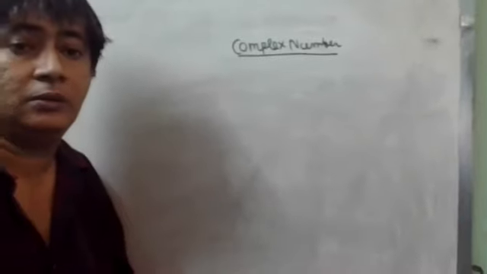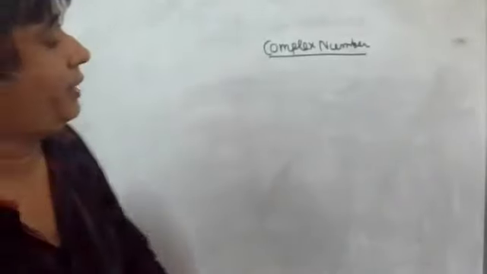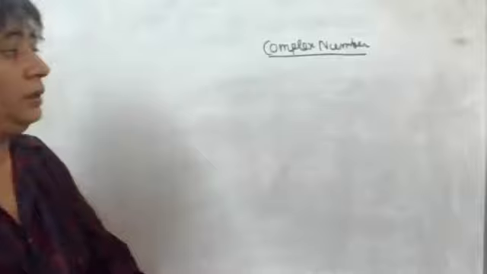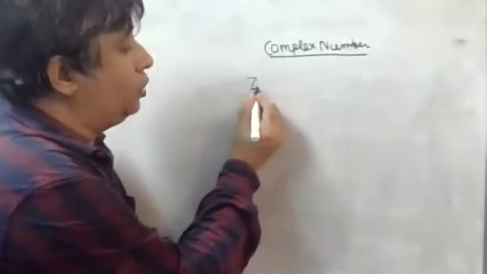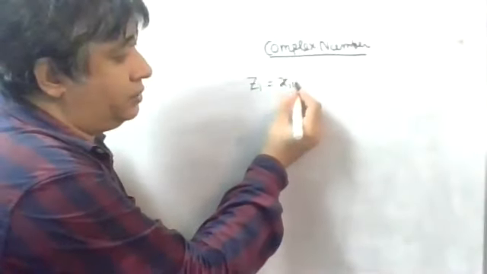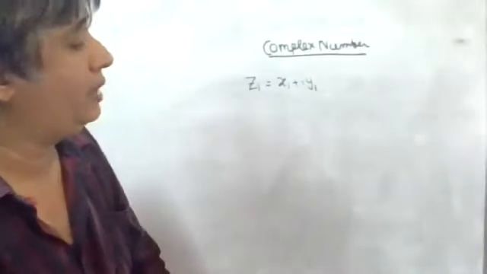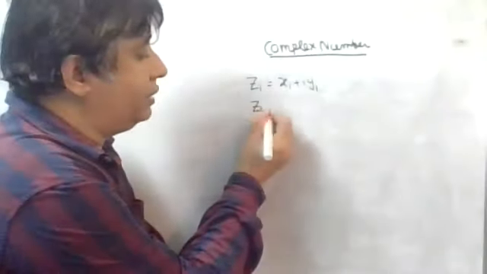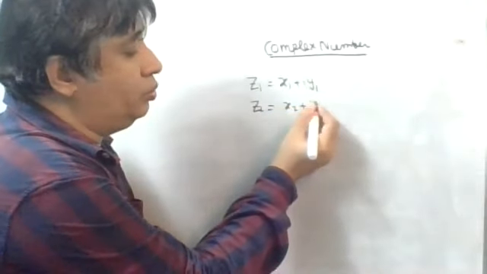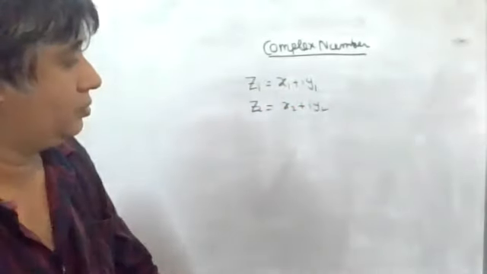Now, again you take two points in the complex plane, z1, x1 plus iy1, and z2, x2 plus iy2.